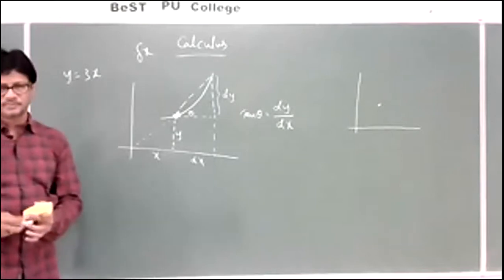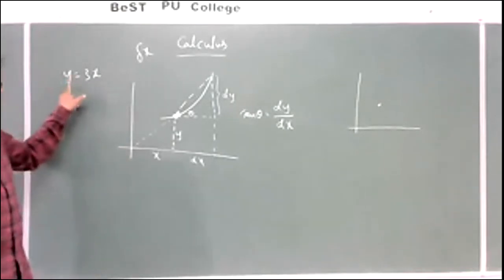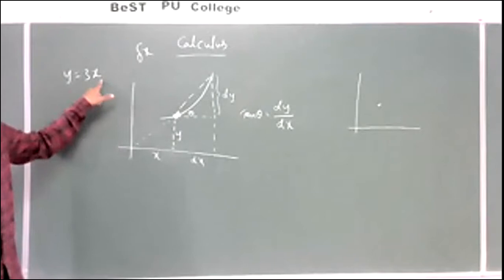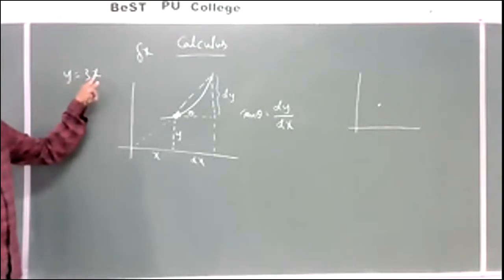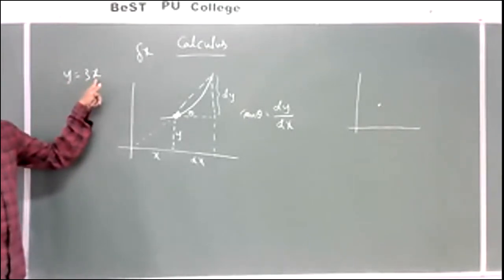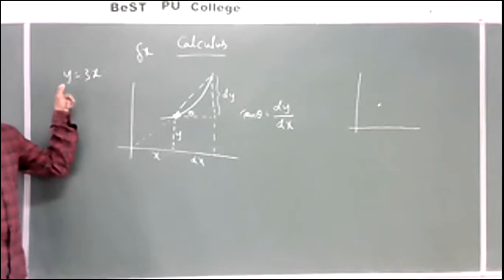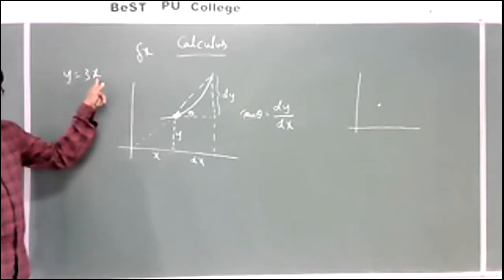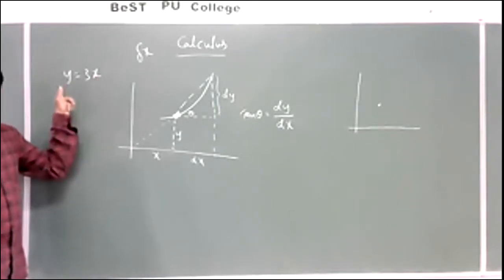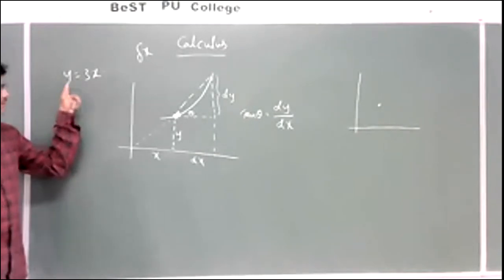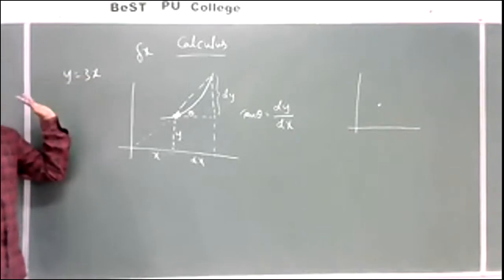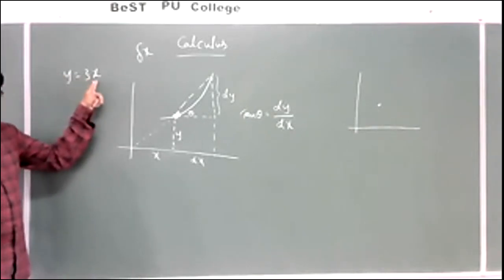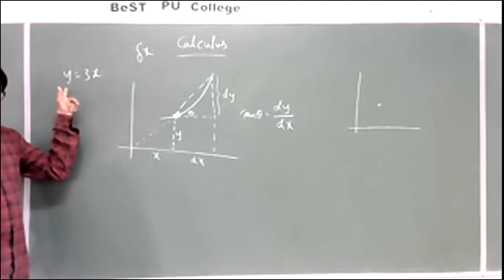Here x is a variable, y is also a variable, because as the x value changes, the y value will also change.